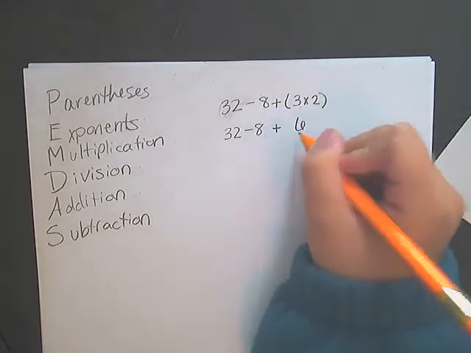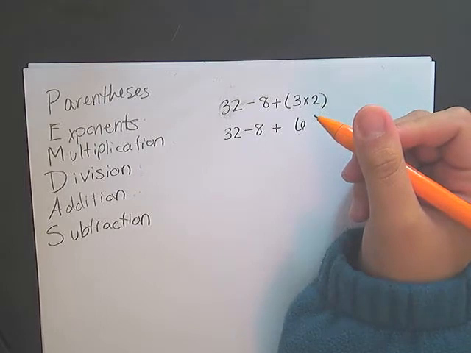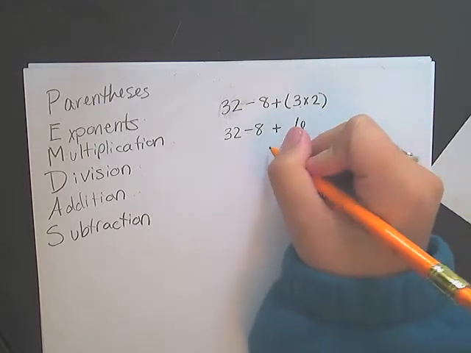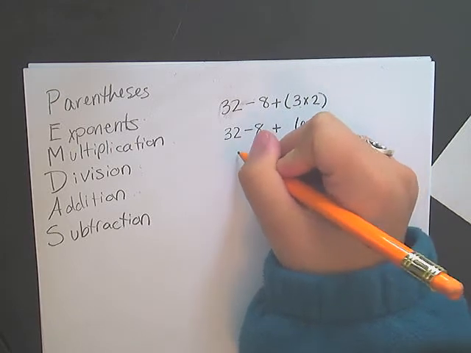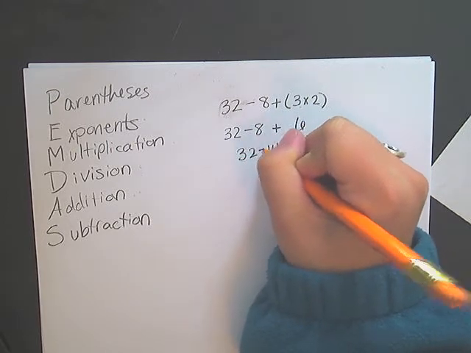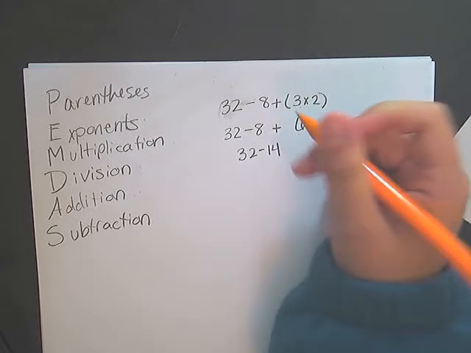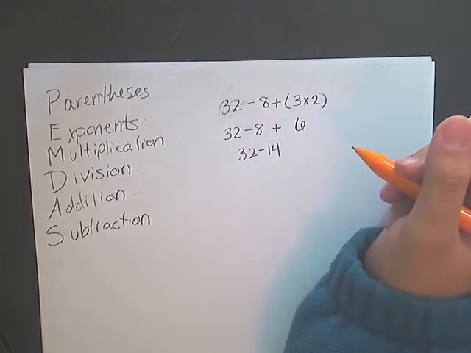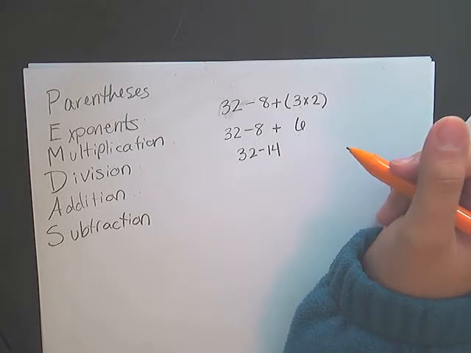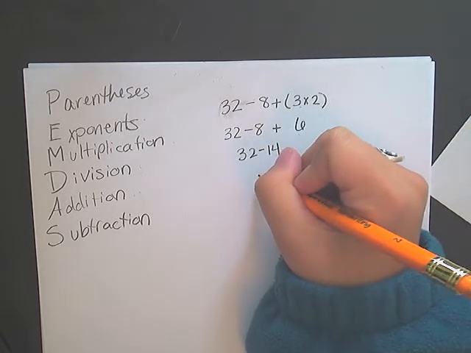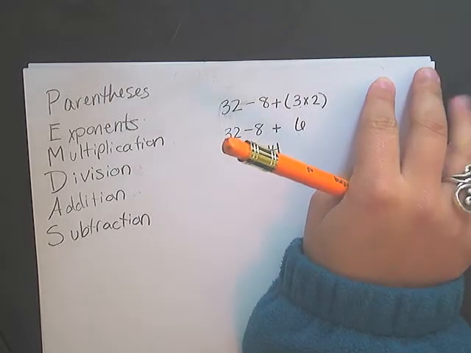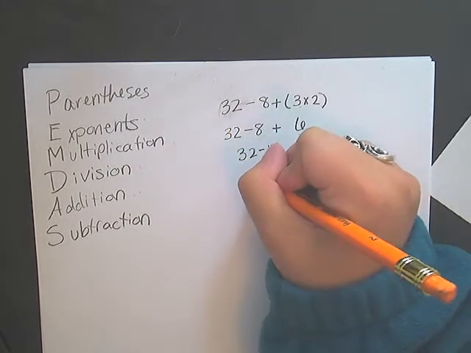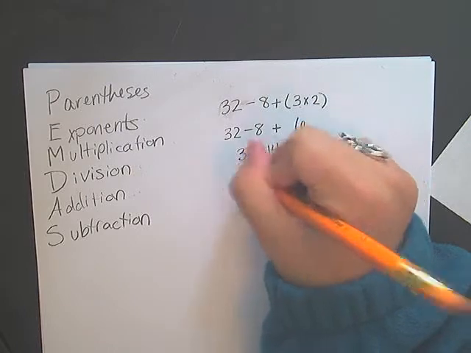What's 8 plus 6? 14. Good. And then we have 32 minus 14. We don't have anything else left. What's 32 minus 14? 18. So your answer is 18.